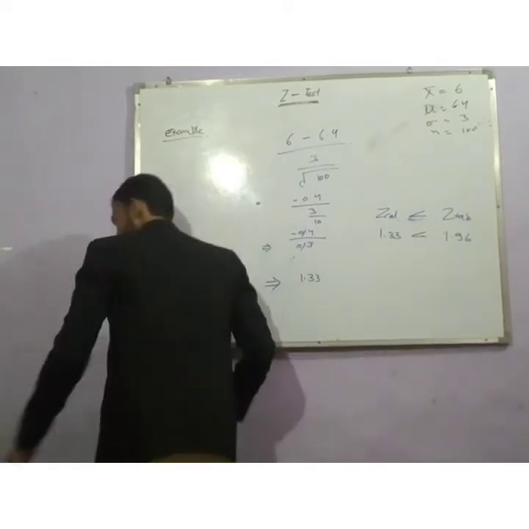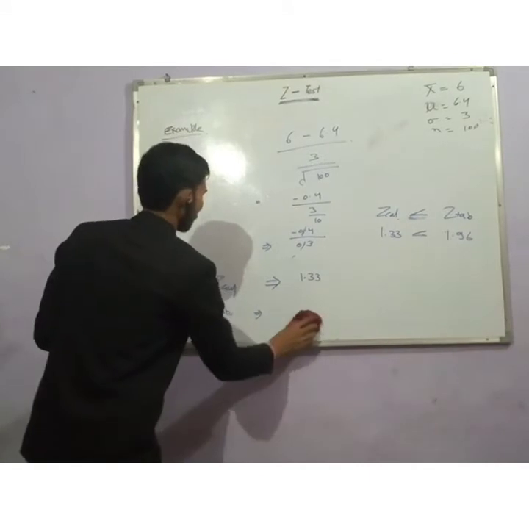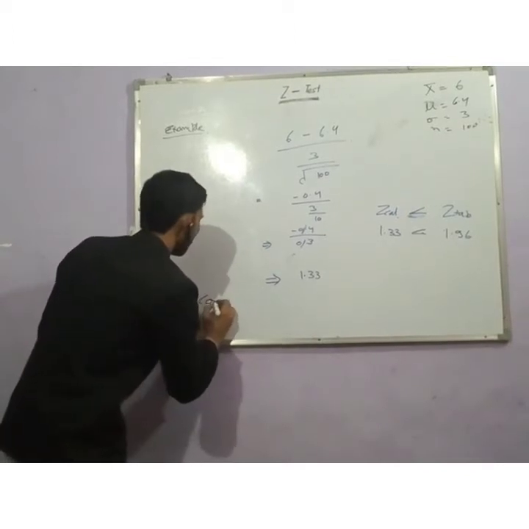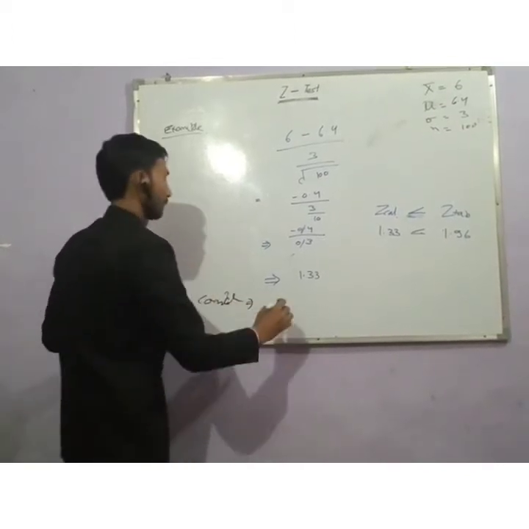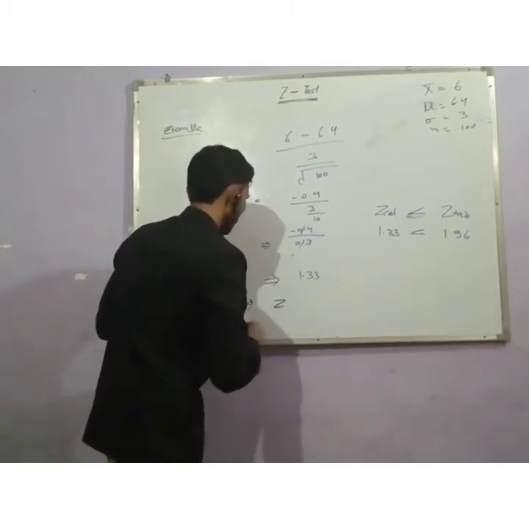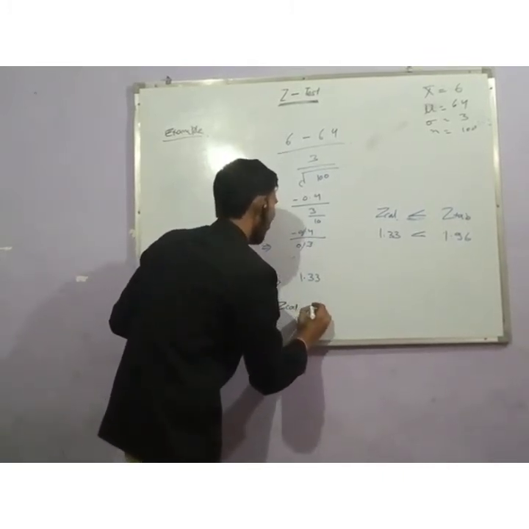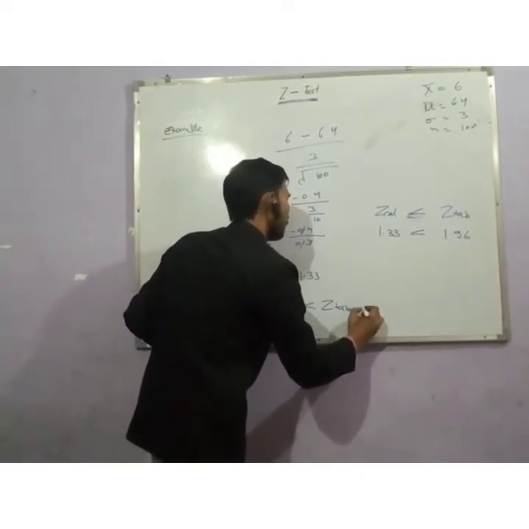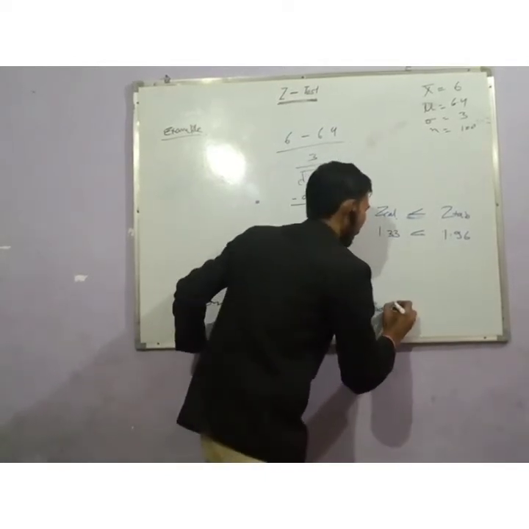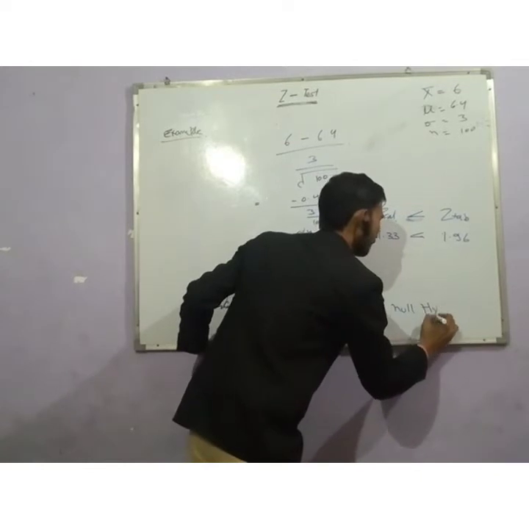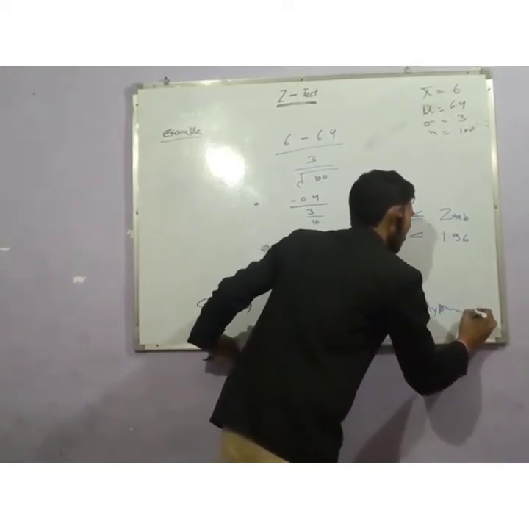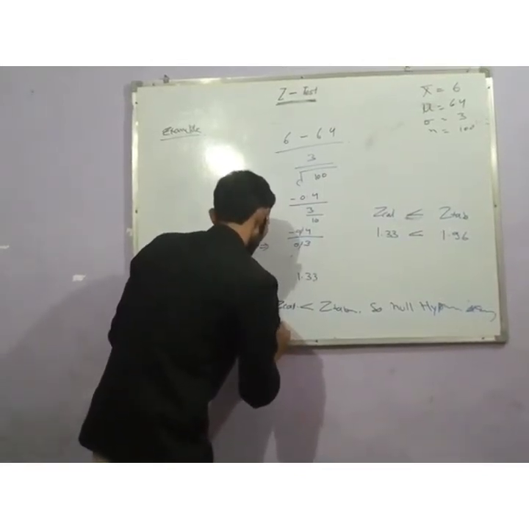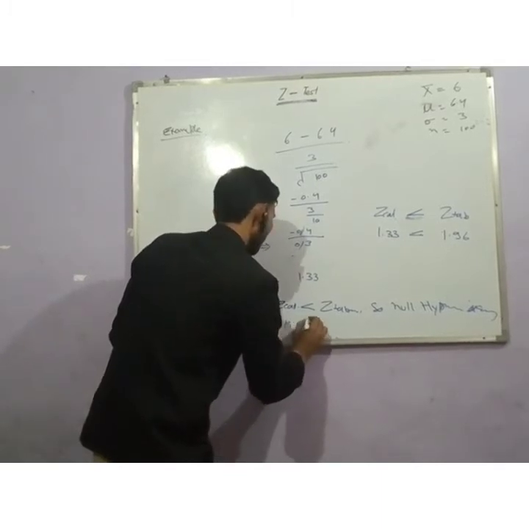So we write the conclusion. Conclusion: Z calculated value is less than Z tabulated value, so the null hypothesis is accepted and H1 is rejected.